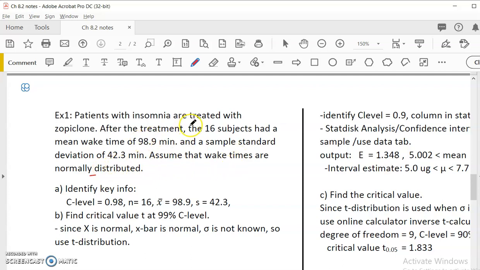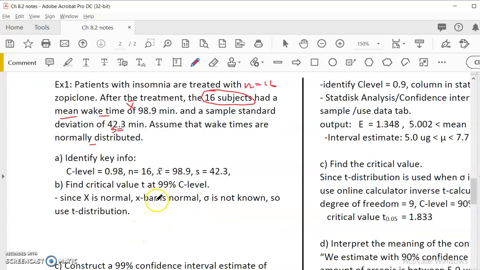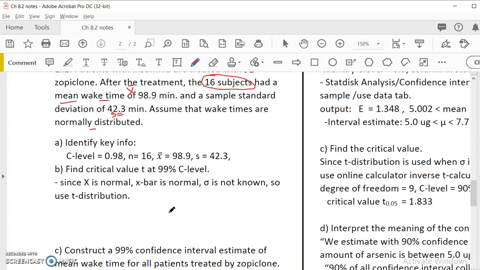And it turns out that this is the mean wake time. That means this is from a sample. So these 16 subjects means the sample size is 16. And this is the mean wake time of those people. So this must be X bar. Sample standard deviation S, right? S equal to this. So we write this down and we want to do 90. Is it? Why do I say 99? Oh, it must be a typo.